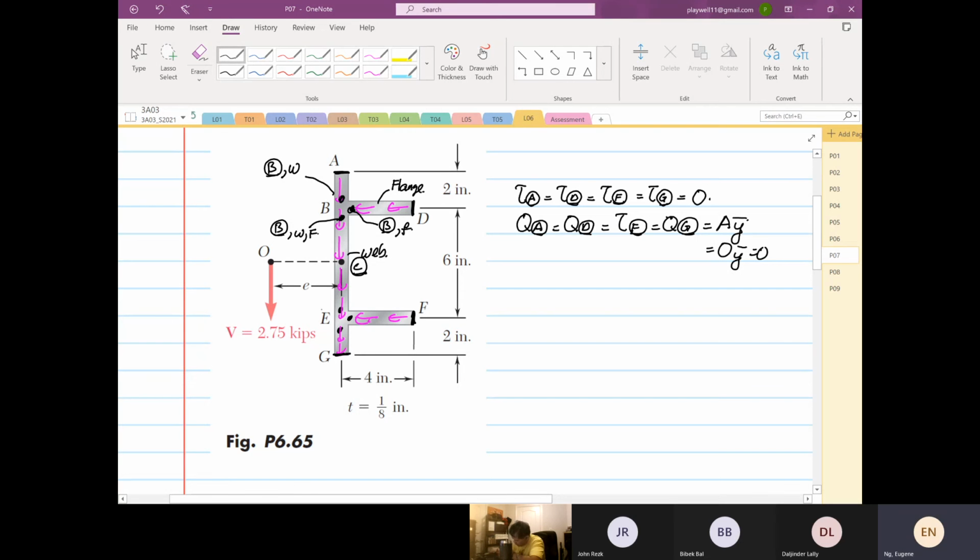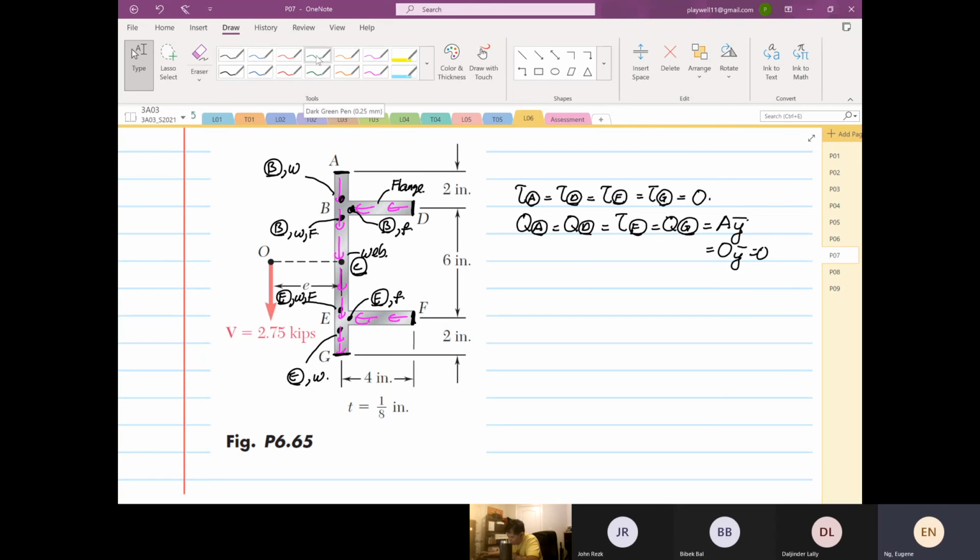Likewise, over here, point E will be our flange, and web and flange. Over here is point E for our flange, and point E on our web only.